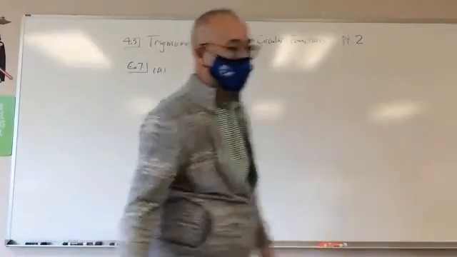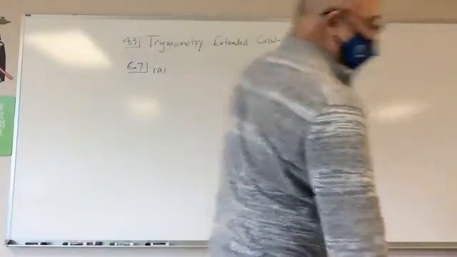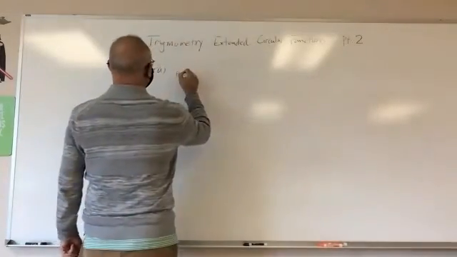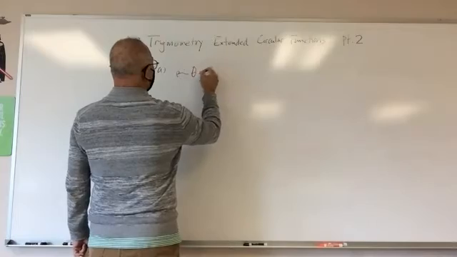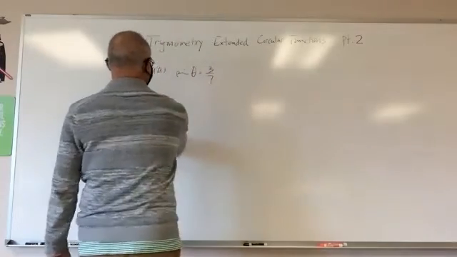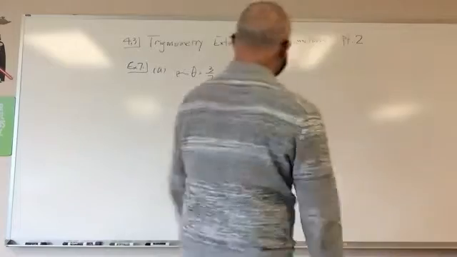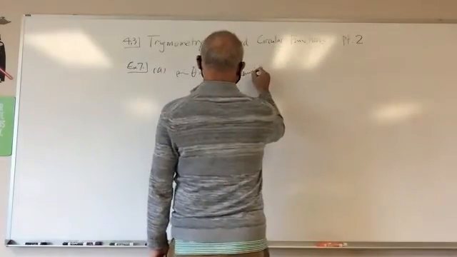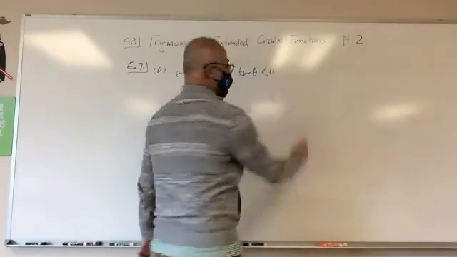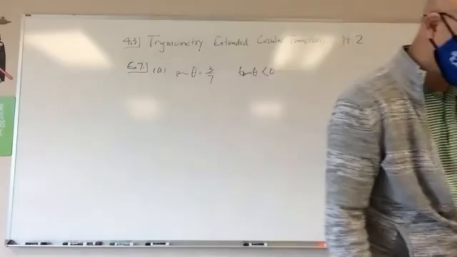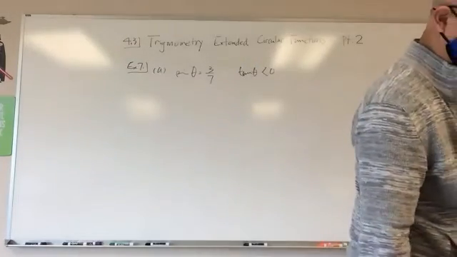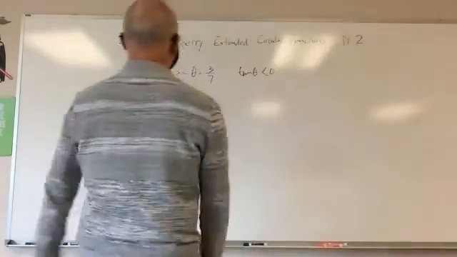A, we have sine theta equal to 3 over 7, and tangent theta is less than 0, and they want us to find cosine and tangent theta.